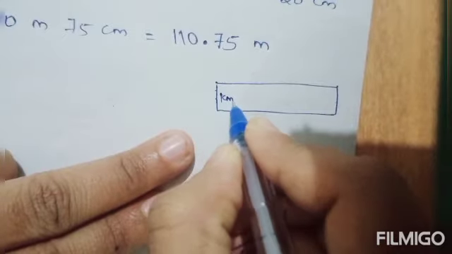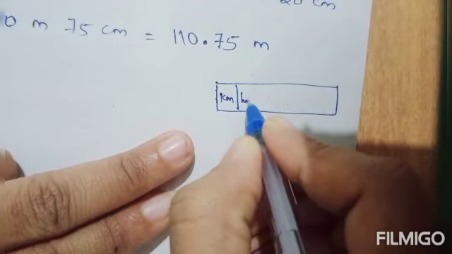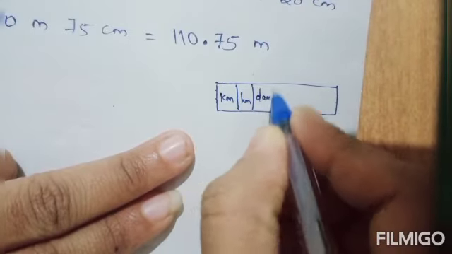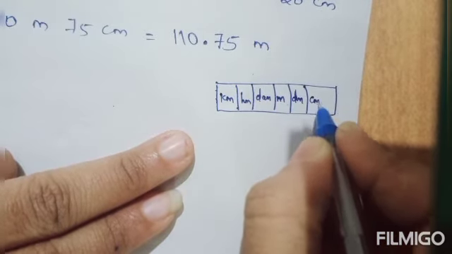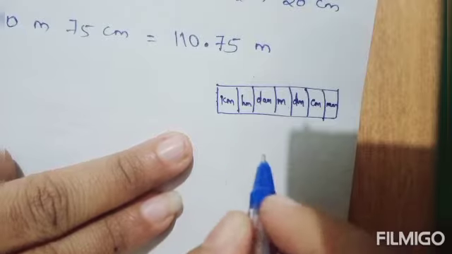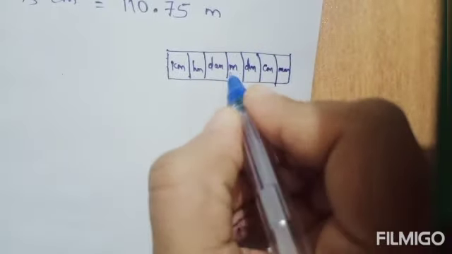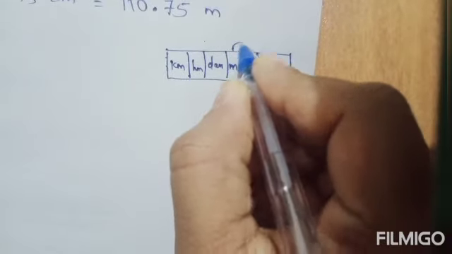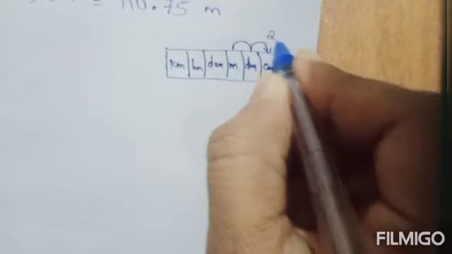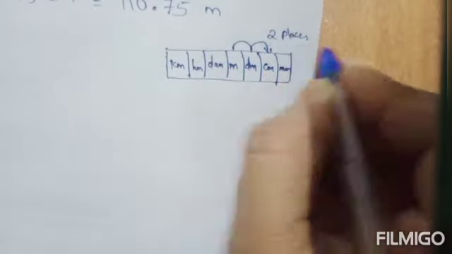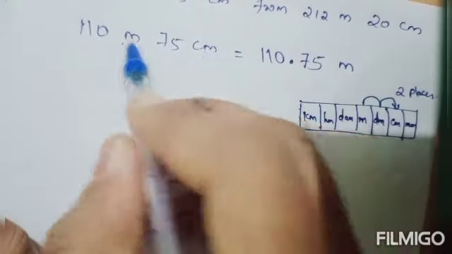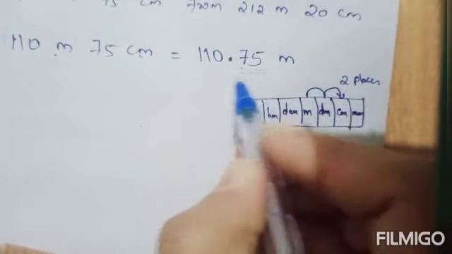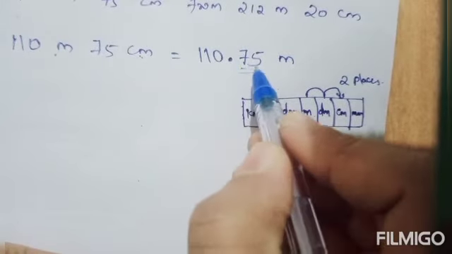Now just look at our table. First kilometer will come. Then hectometer. Then decameter. Then meter. After that decimeter. Then centimeter. Millimeter. Okay. Here from meter to centimeter you can see 1, 2. 2 places are there. So if you are expressing meter and centimeter in decimal notation, it should contain 2 places after the decimal point.